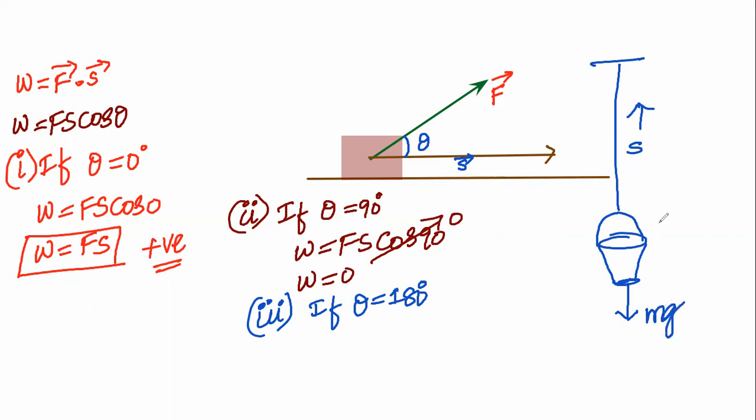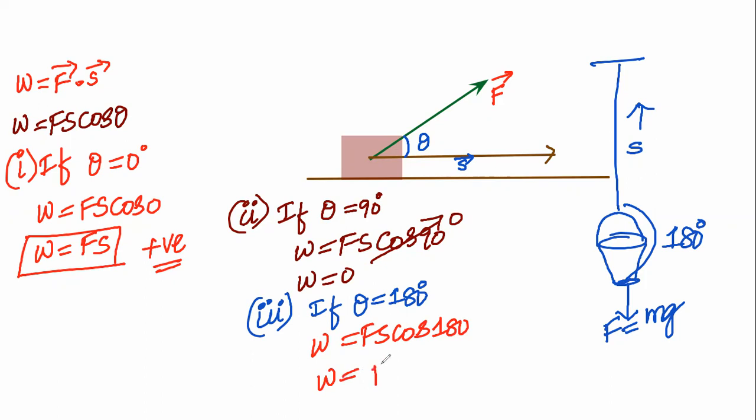The force F is equal to mg, directed downward, while displacement is upward. The angle between the force and displacement is 180 degrees. In such a case, work done W is equal to Fs cos 180. Cos 180 is minus 1. Therefore, work done W is equal to minus F into S. This work done is called the negative work done.